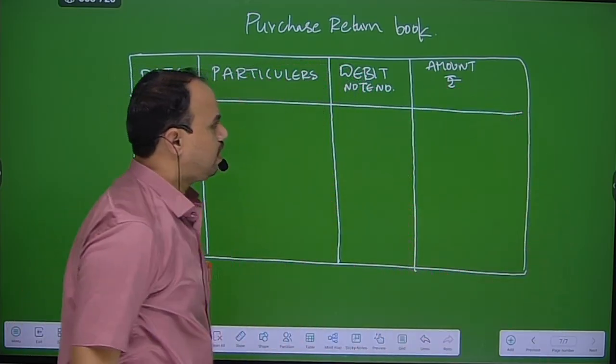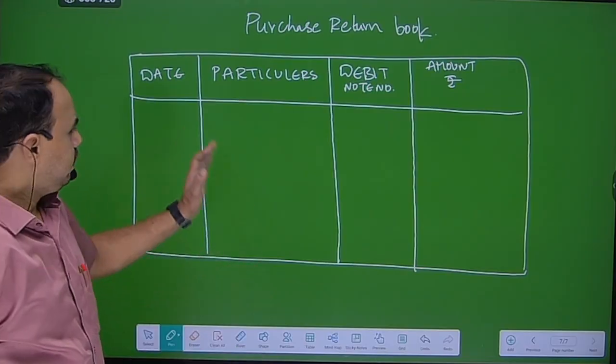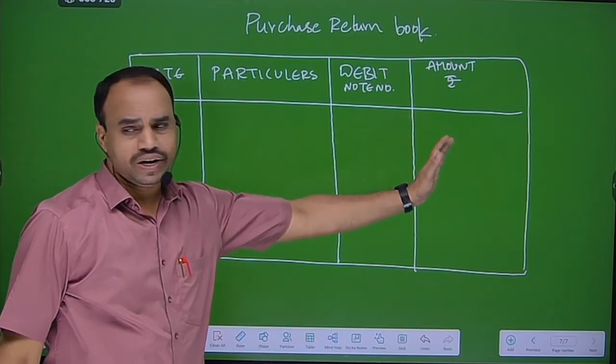So this is the format of the purchase return book: date, particulars, debit note number, amount.